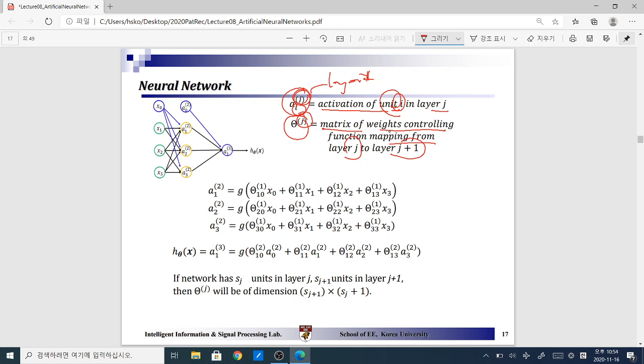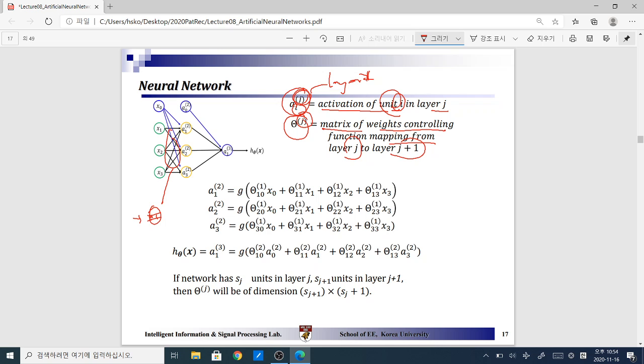So this one here represents the matrix of weights, say, from layer j to that of layer j plus 1. So for example, if you have theta that's representing right here, because it's now a matrix, I'm going to be using a Greek letter, which typically shows that it's an uppercase Greek letter, theta.